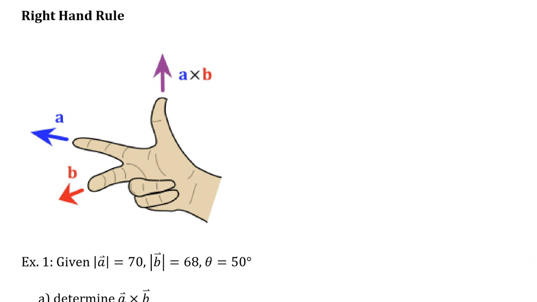And as we learned yesterday, A cross B is different from B cross A. So you have to have your index finger with the first one and your middle finger with the second one. And then your thumb will point in the direction of the resultant vector when you do the cross product.